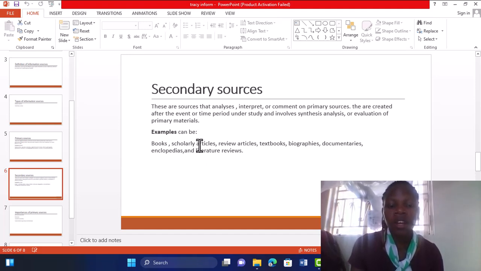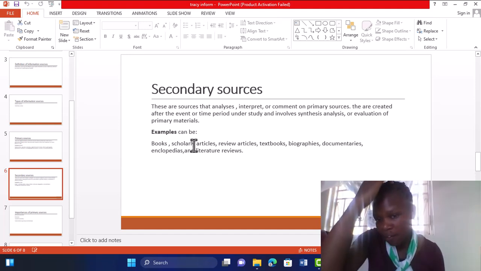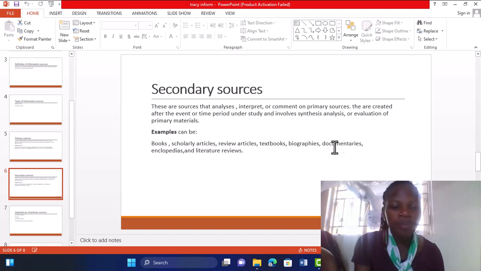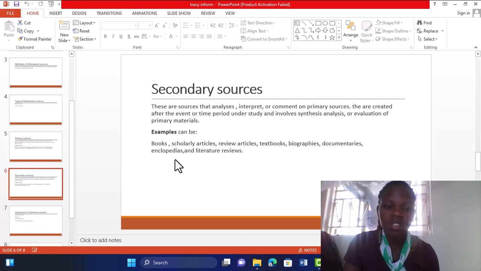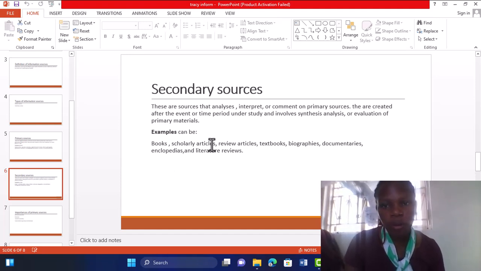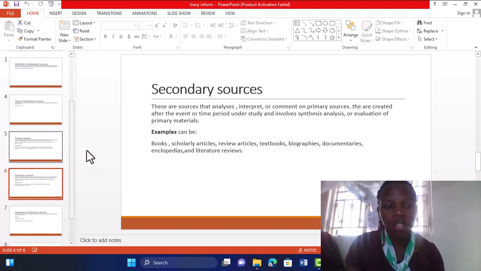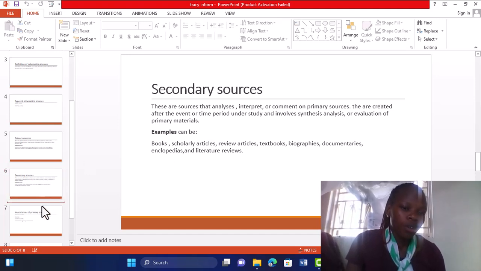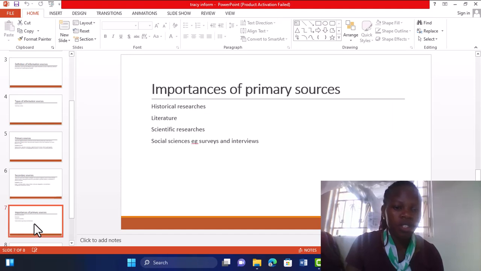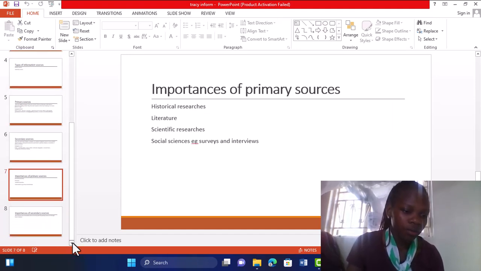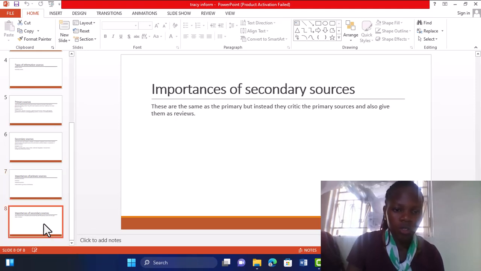Then we have scholarly articles, review articles, textbooks, biographies, documentaries, encyclopedias, and also literature reviews. These are all secondary sources of information. They don't provide first-hand information to the reader. Let us proceed to the importance of secondary sources of information.